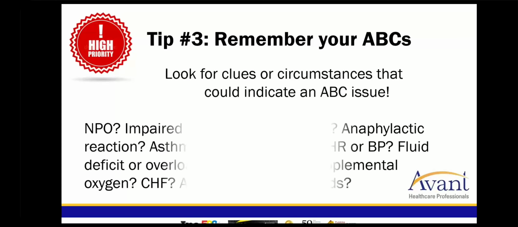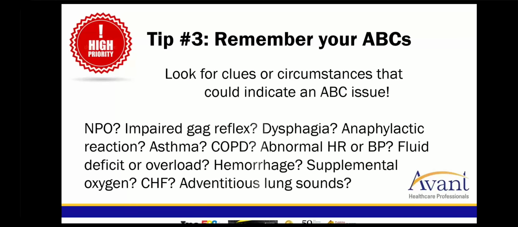For example, these are some indications that might indicate an airway, breathing, or circulation problem: patient is NPO, impaired gag reflex, dysphagia, anaphylactic reaction, asthma, COPD, abnormal heart rate or BP, fluid deficit or overload, hemorrhage, supplemental oxygen, congestive heart failure, or adventitious lung sounds.